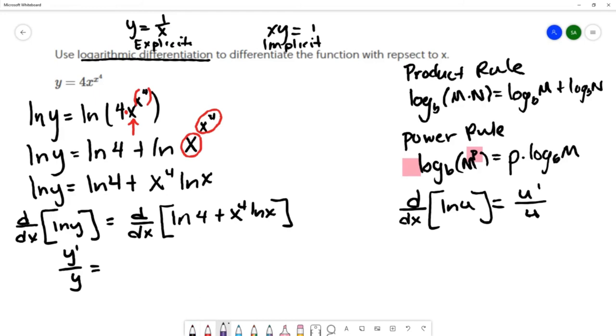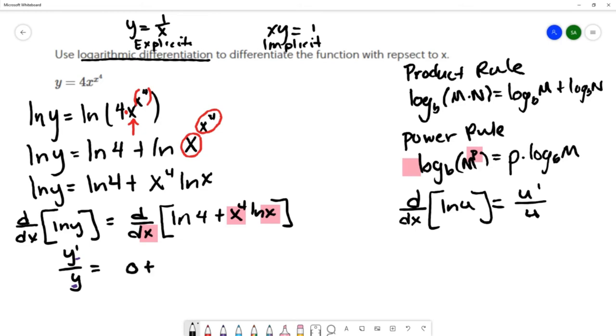And I'm writing it this way because y is unknown. So I'm not able to calculate the derivative of y, but I can write y prime as the derivative of y. On the right-hand side, you can see that the variables match. So I'm going to be able to calculate the derivative normally. So the derivative of natural log of 4 is 0 because natural log of 4 is a constant.